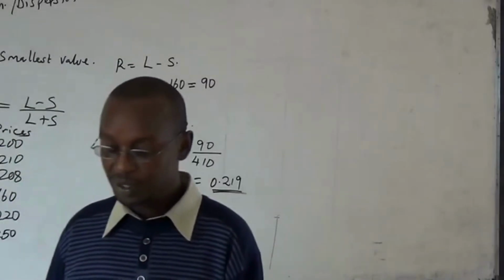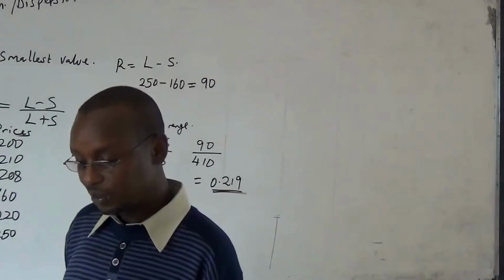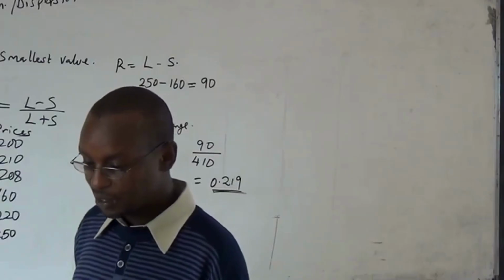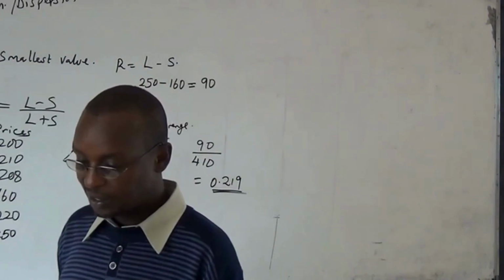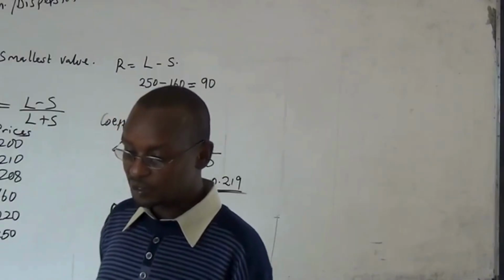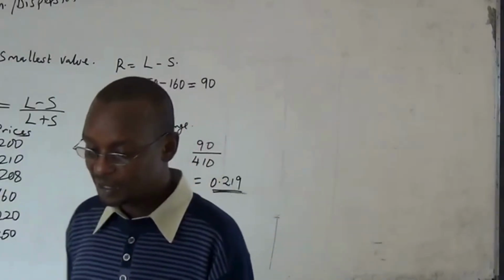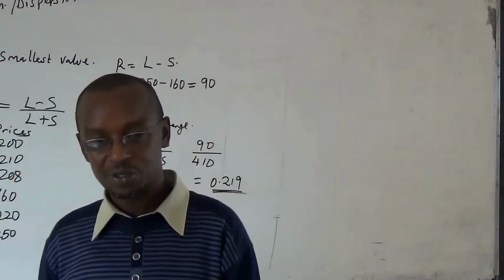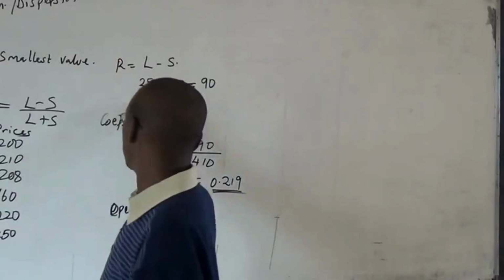Uses of range. One, quality control. Two, fluctuations in the share prices. And three, weather forecast. So for quality control, we keep check on the quality of the product without 100% inspection. Just take the lowest one here.